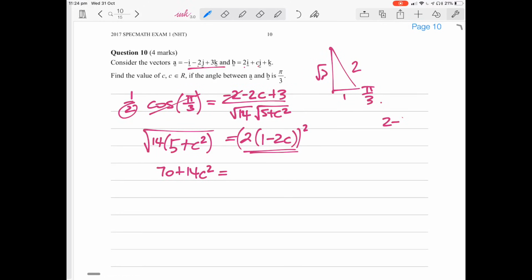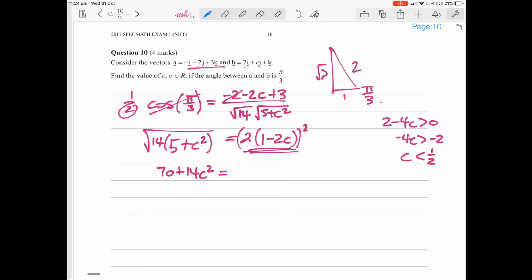So 2 minus 4C has to be greater than 0. So minus 4C has to be greater than minus 2. C has to be less than, if that's the case, C has to be less than 1/2.